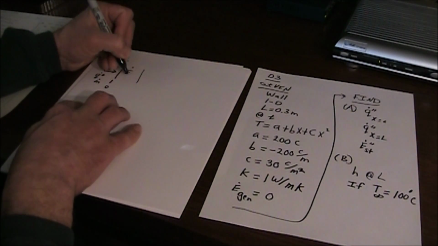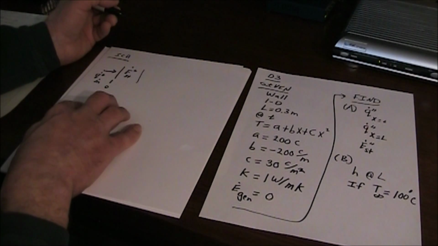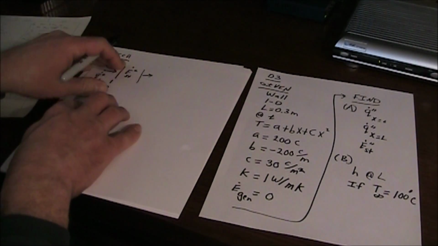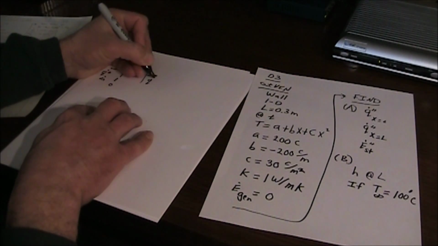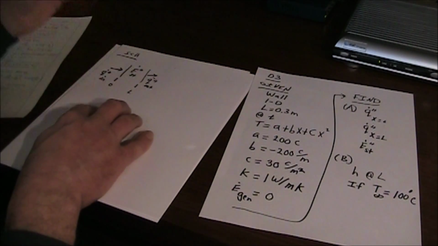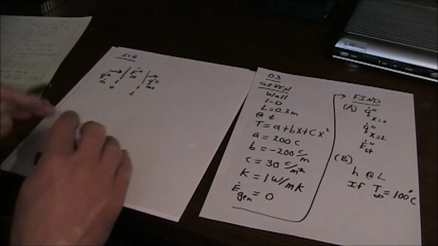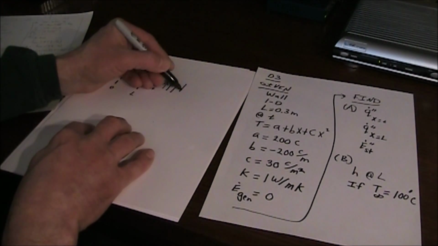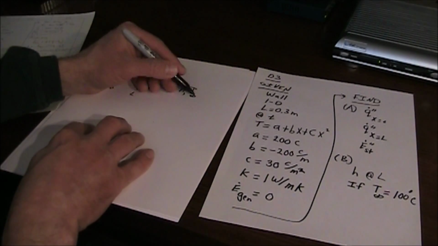We have some energy being stored inside the wall. And then we have Q dot out at x equal L, which is 0.3 meters. I'll just call it L for now. And also on this side we have some convection. So I'll just say h and T infinity out here.